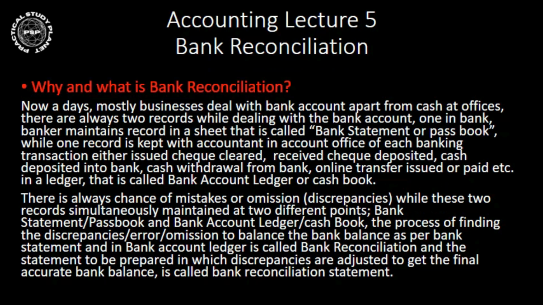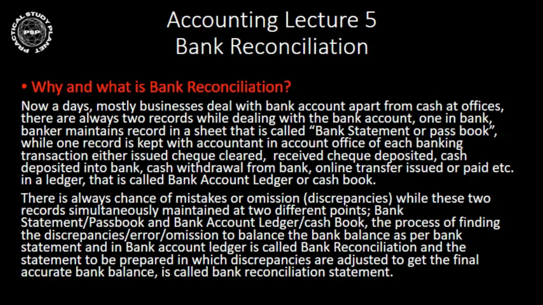Let's move to the detail: why and what is bank reconciliation. Nowadays, most businesses deal with a bank account apart from cash at offices. There are always two records while dealing with the bank account. One is in the bank: the banker maintains a record in a sheet called the bank statement or passbook.